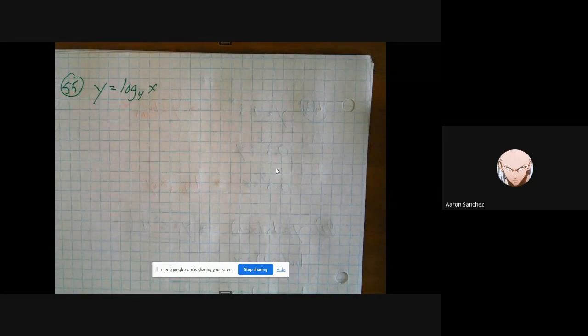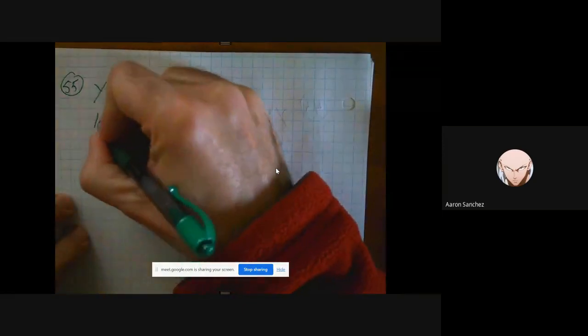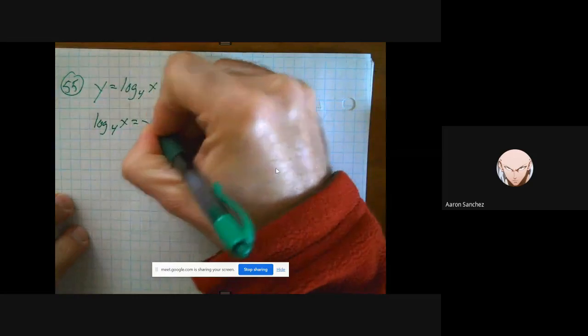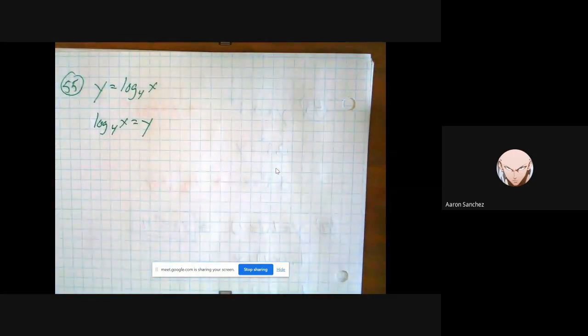You put it in exponential form so that we can see it. So why don't you guys go and put that in exponential form for me? I'm going to call on one of you. Remember, it might be easier to look at if you put the y on the right. That might be easier for you. It's easier for me.